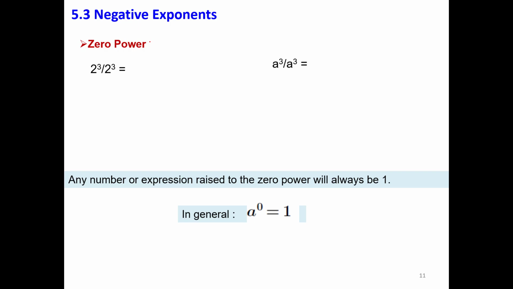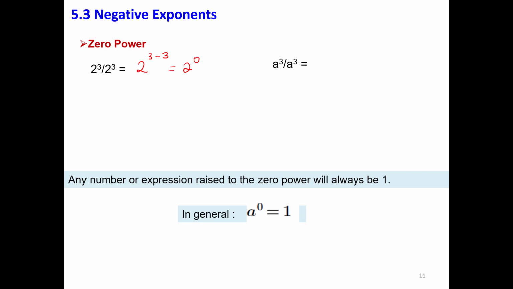Then let's first apply the quotient rule to this expression we had here. If we apply the quotient rule, we will have 2 to the 3 minus 3. Yes, we have to subtract the exponents. Then we will have 2 to the 0.